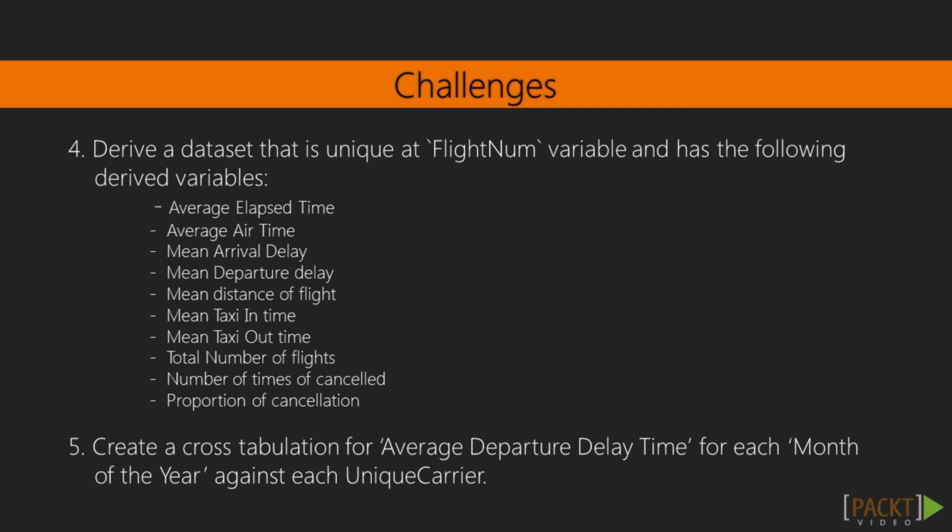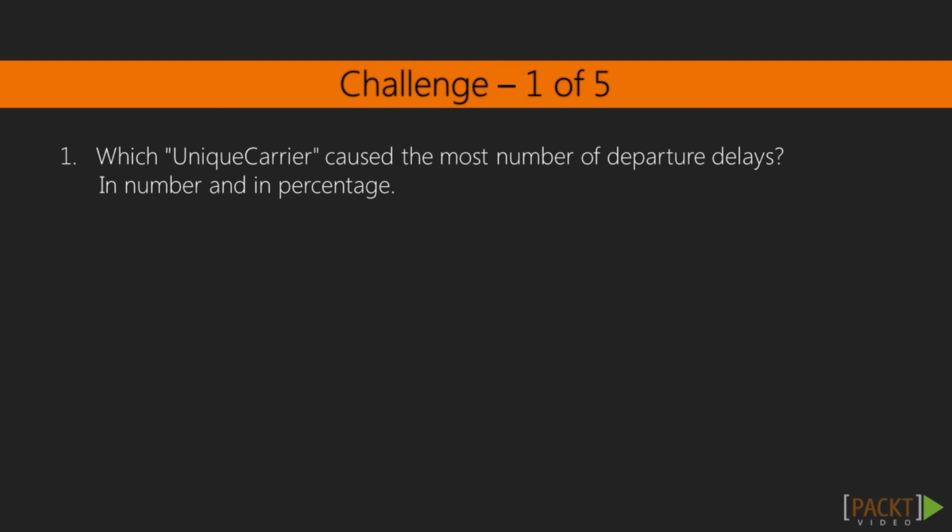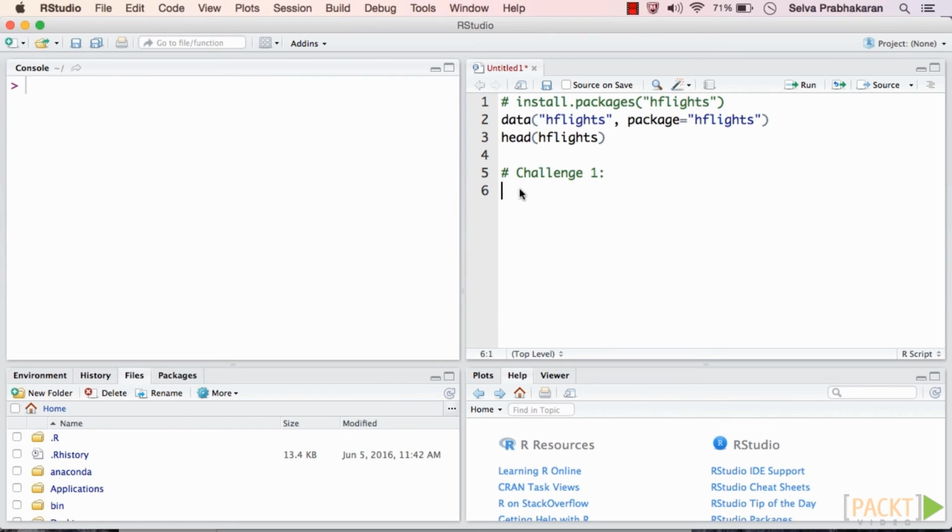So, here is the first one. Which unique carrier caused the most number of departure delays? In number and in percentage. My approach here is to create a binary variable to indicate if a flight was delayed or not. Then, I will create a frequency table against each unique carrier.